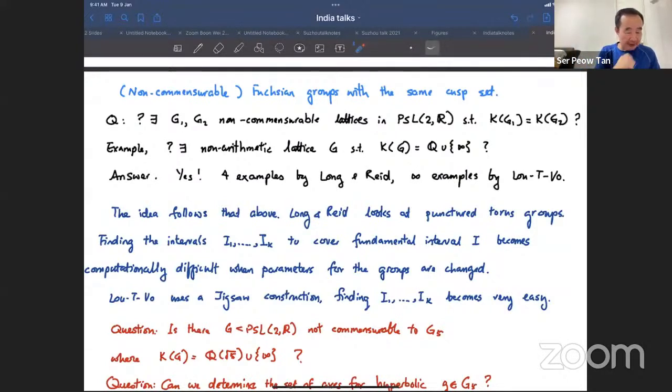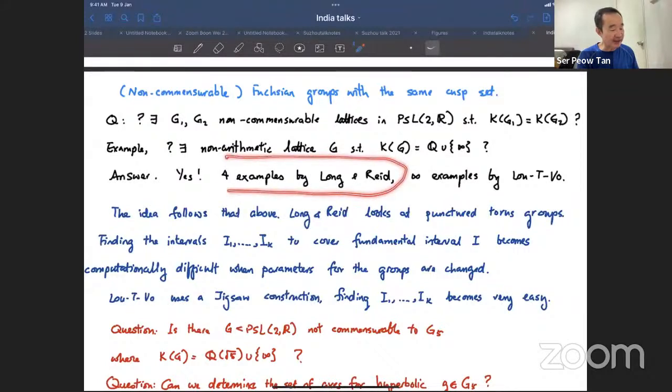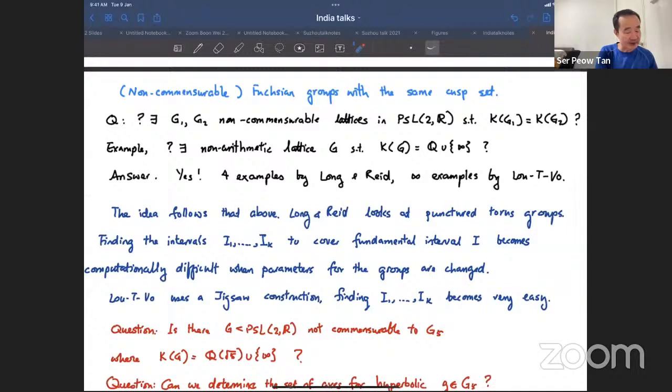Okay, so there were 4 examples, and then they asked the question: are there infinitely many non-commensurable lattices with cusp set Q union infinity? The reason why this question was difficult for them was that when they did their method, the algorithms got more and more complicated and things became very difficult to determine.